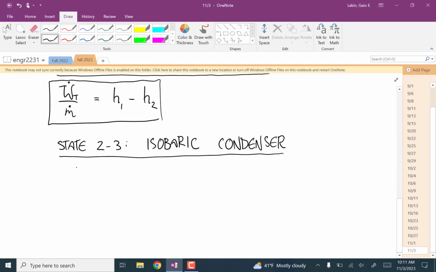And for that, we get that the rate of heat flow out at the condenser divided by the mass flow rate is equal to H2 minus H3.